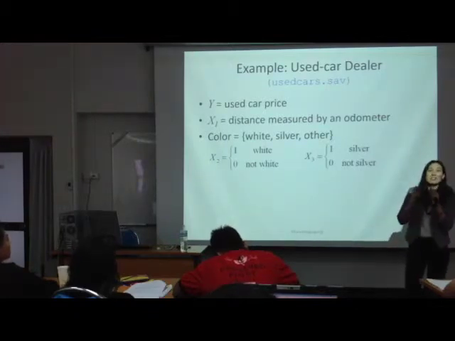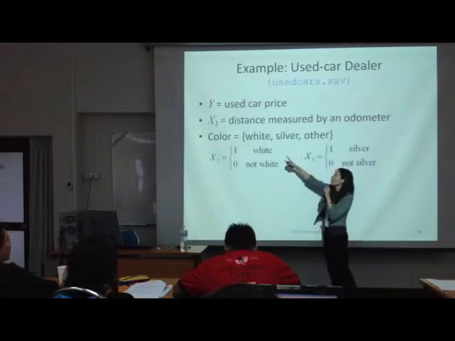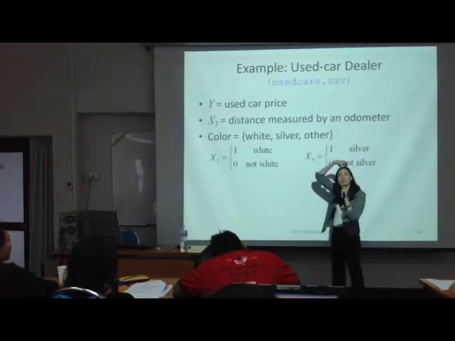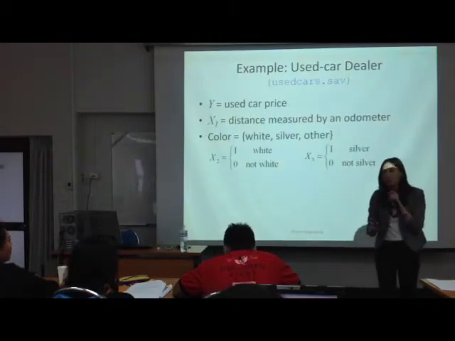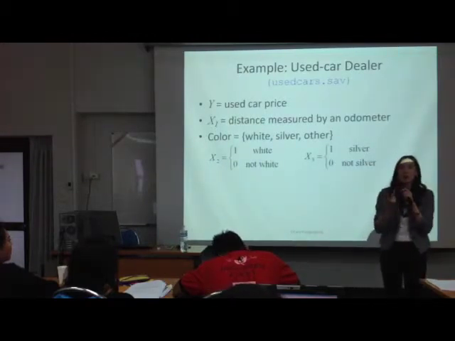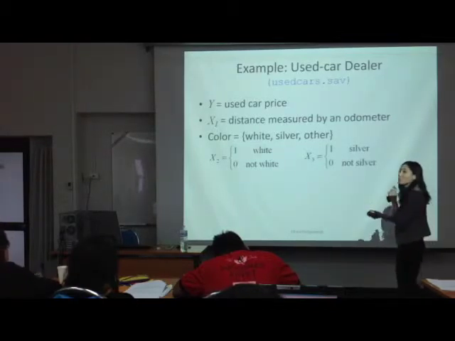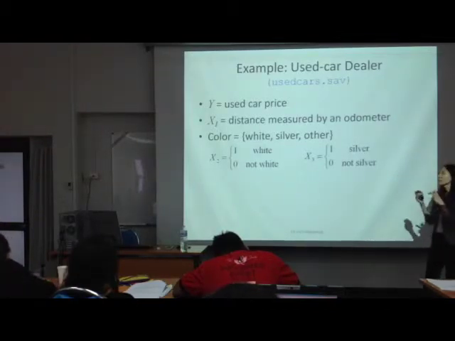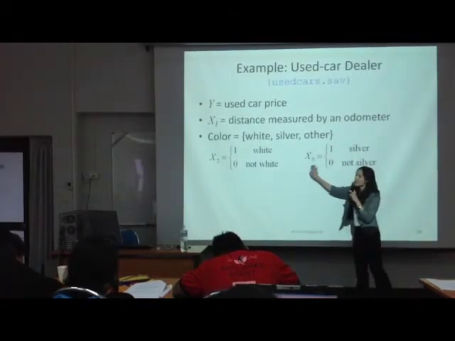Then it's redundant, right? We need only two variables to distinguish all three classes. That's why we do not need to include all k variables. We need k minus one variables. Here k is 3, then we need only 2.